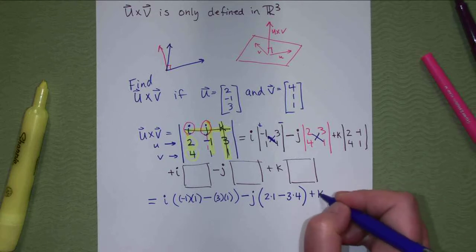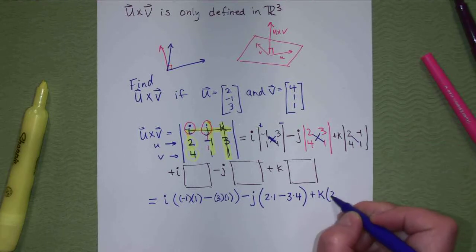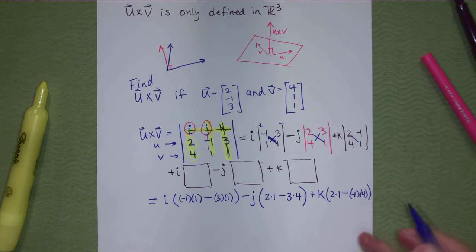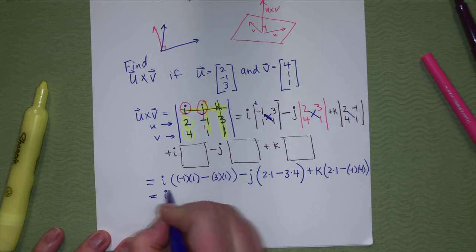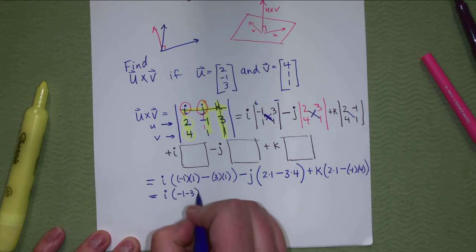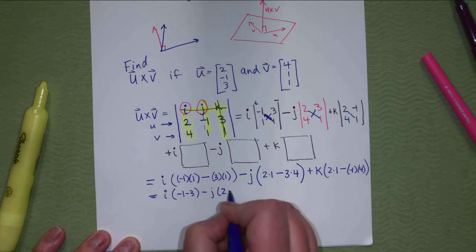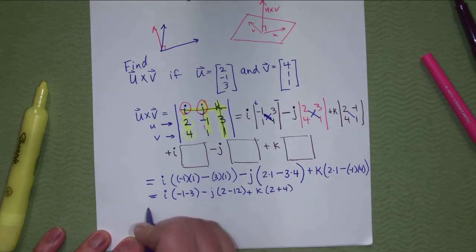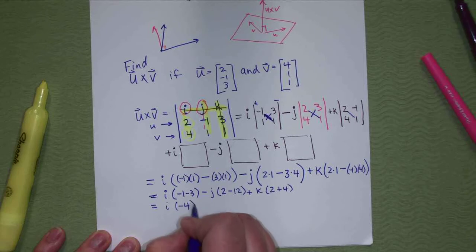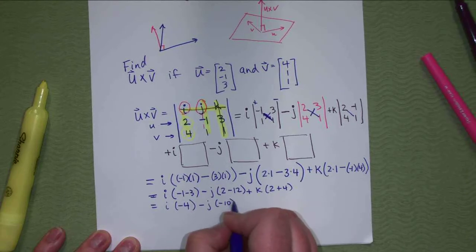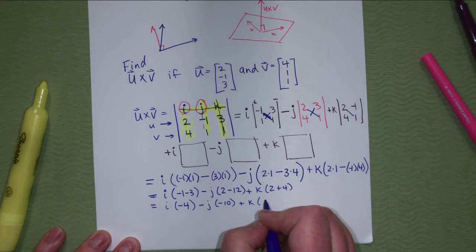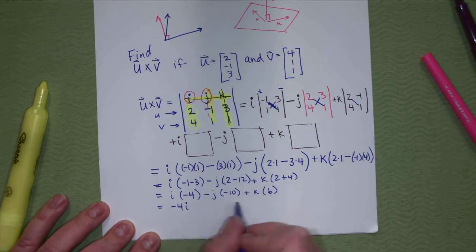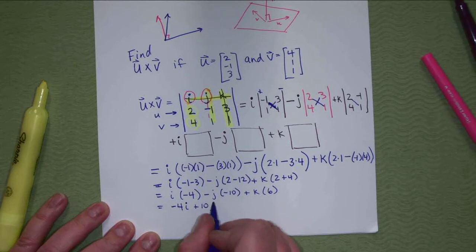Plus K, forward, 2 times 1, and backwards, minus 1 times 4. So, minus 4i plus 10j plus 6k.